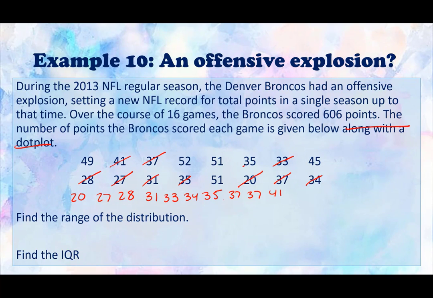Oh, there's 2 35s here. Hold on just 1 second. It's a good thing I went back and checked. So we have 35, 35, 37, 37, and then we have 41. Now we're all back caught up.